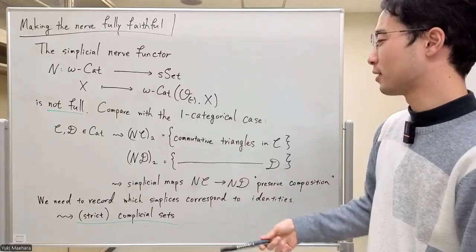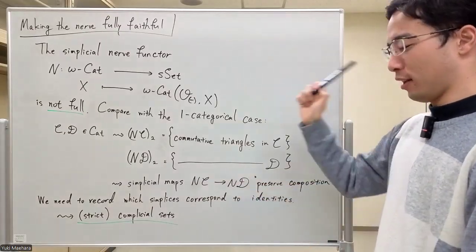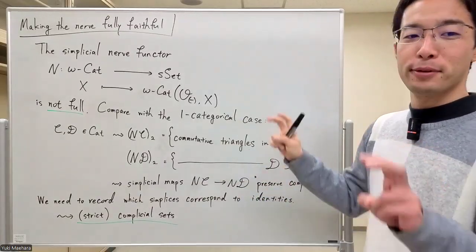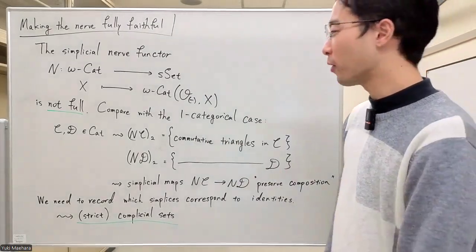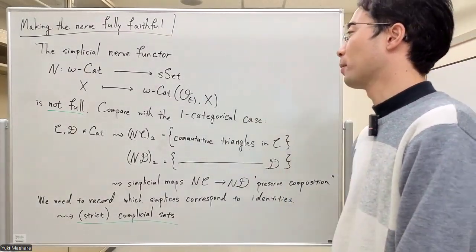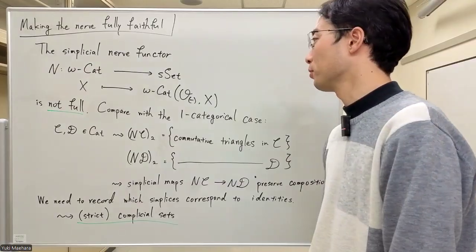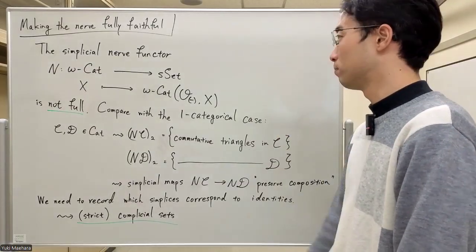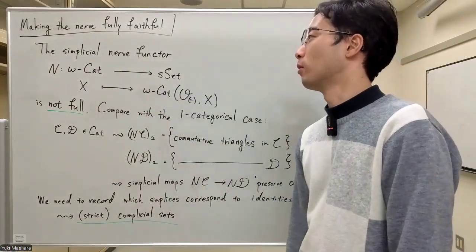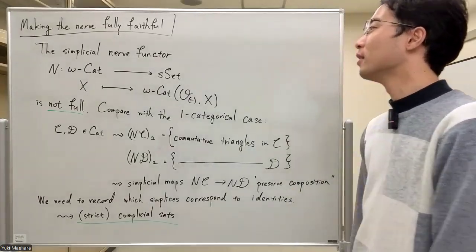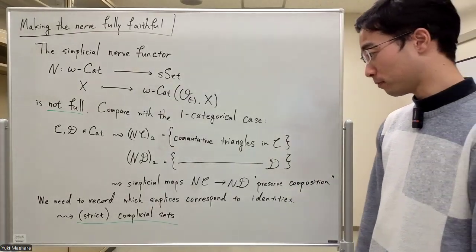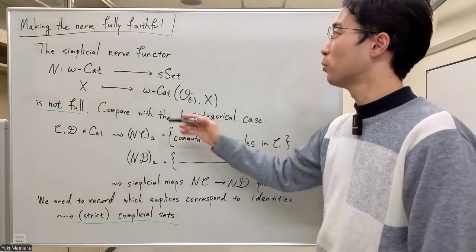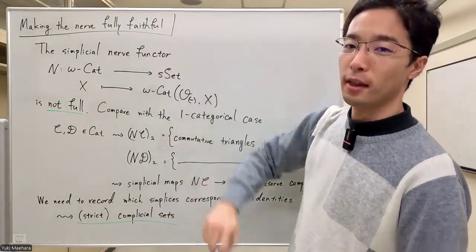So if you consider the corresponding map between the omega categories, it usually doesn't preserve the composition, and so it doesn't come from a map of omega categories. That's why it's not full. But the nerve functor is faithful.